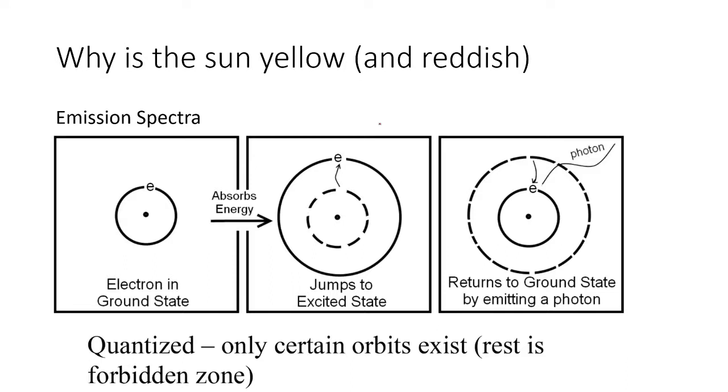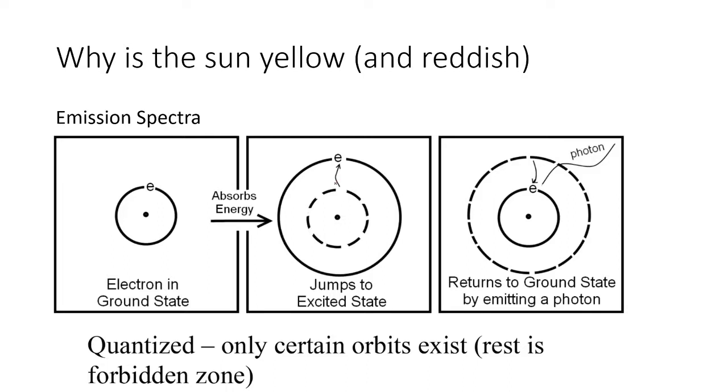If you could imagine spinning a yo-yo on its string, and then you want to give it a little more energy, let the string out a little bit. The electron will spin further and further out. But electrons don't like to stay in their excited state. They stay in their excited state fractions of a second. They have to get back down to the ground state.